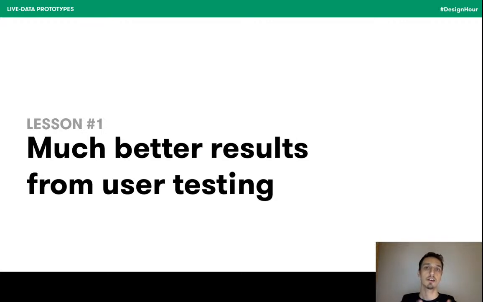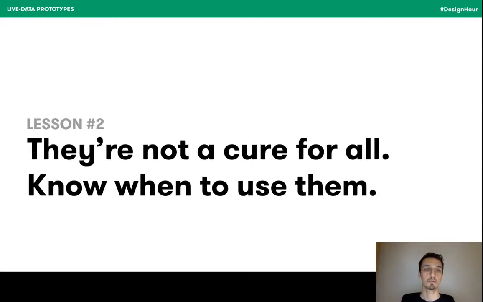And obviously, there's that benefit of live data and familiarity of environment for people that you are testing with. However, and that's lesson number 2, they are not a cure for all. You should know when to use them. I mentioned that the best use case for these is when you need to validate something that's relying heavily on user data.